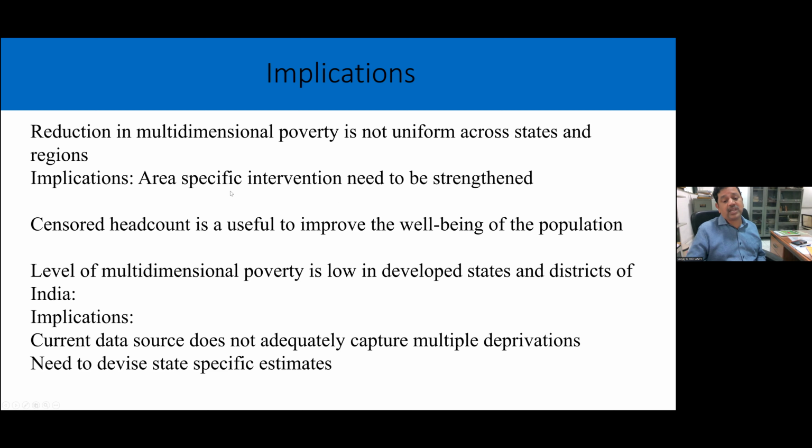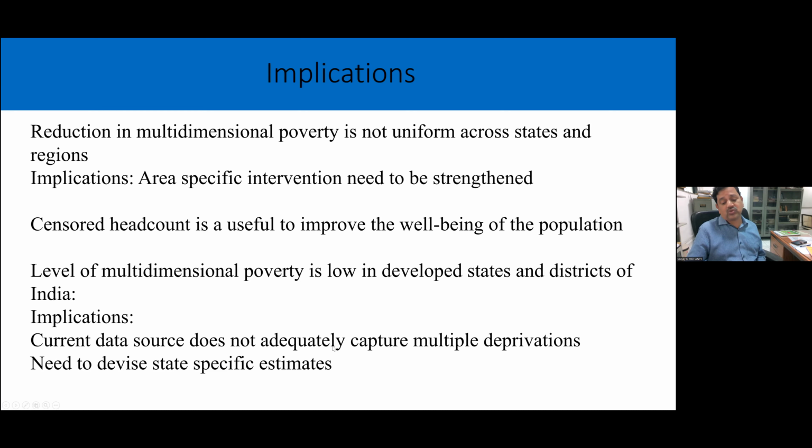As we have seen here, even if the level is low, it gives a very powerful message, as in the case of child mortality. So the level of multidimensional poverty is low in developed states and districts of India. Possibly, we need not rely only on one data source.